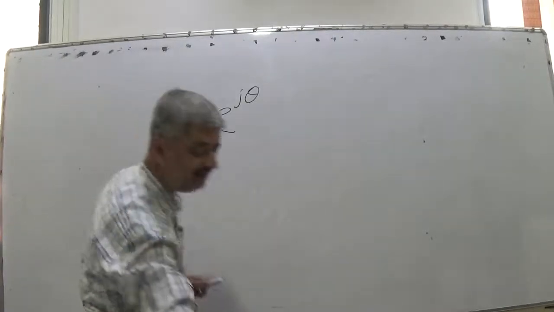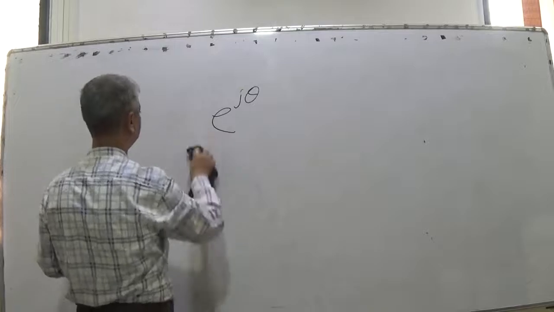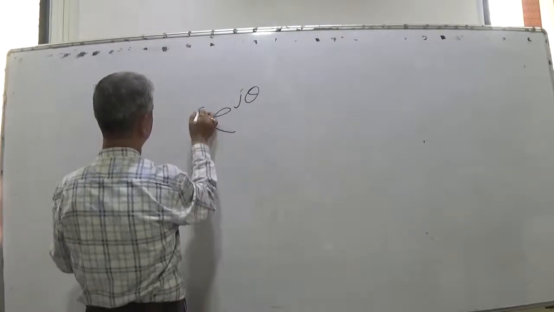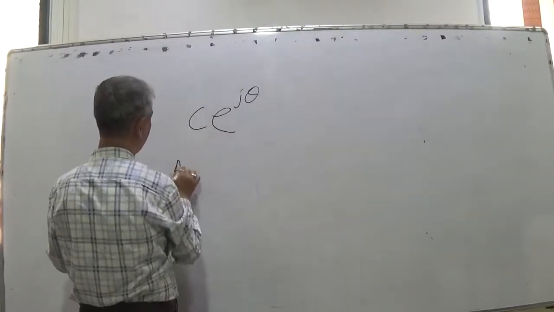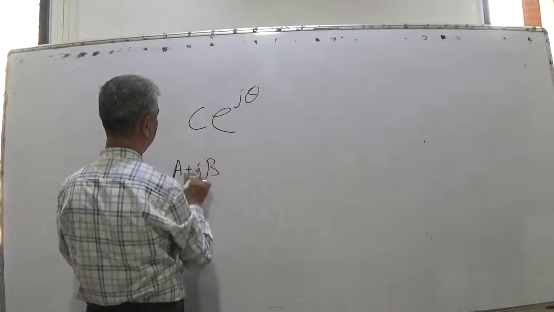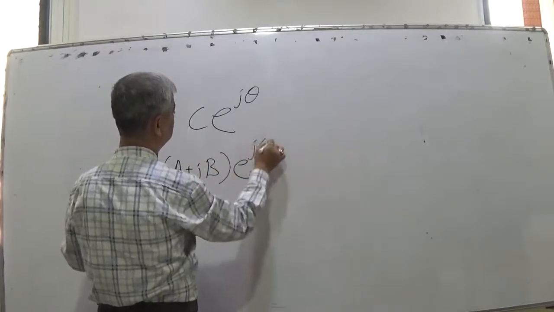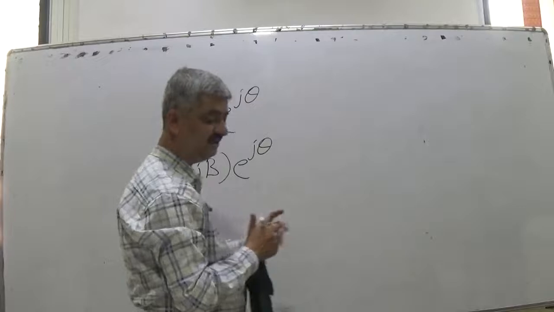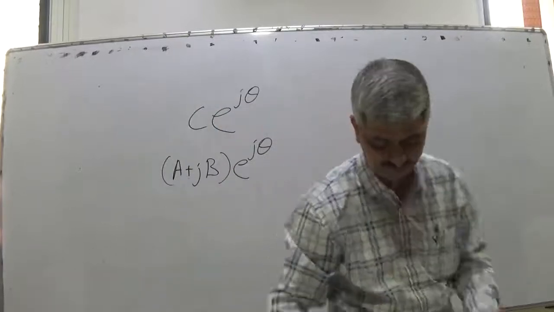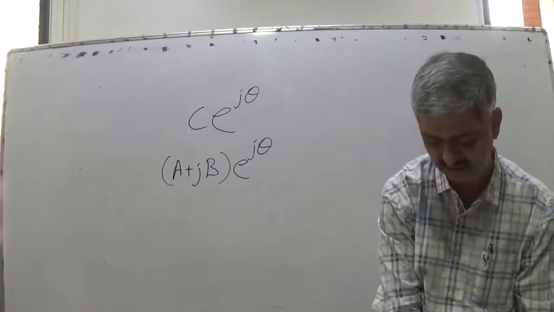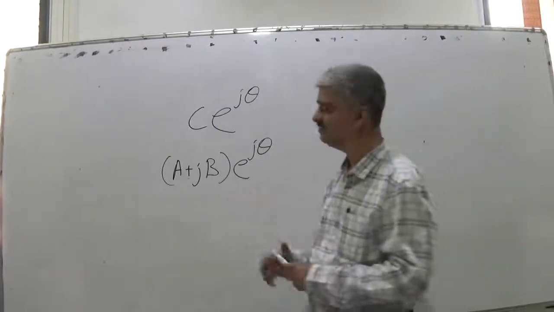If A is complex, or instead of A I use the word C, constant C, and C is A plus jB, times e raised to j theta. If C is complex, A plus jB times e raised to j theta, what does it actually mean? C is complex.